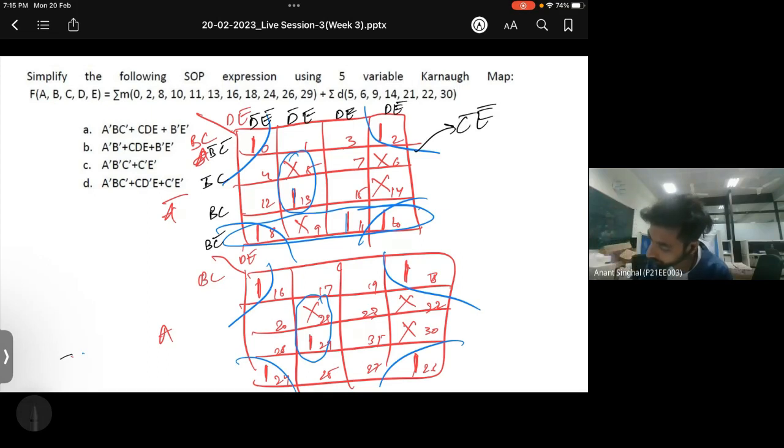One term will be C bar E bar, right? For this it will be B C bar, and for this it will be C D bar E.